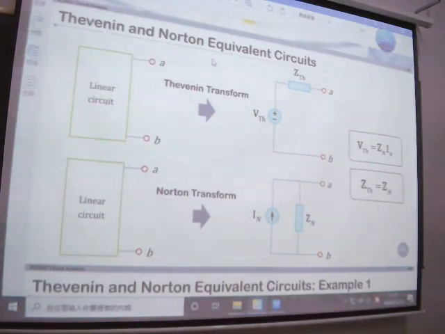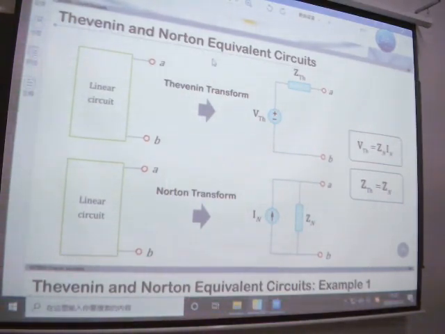And another is adding outer resistance, but that method we don't recommend. So just ignore that one. So those are the methods to calculate our Thevenin resistance and Thevenin voltage.